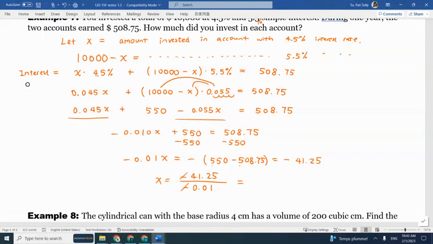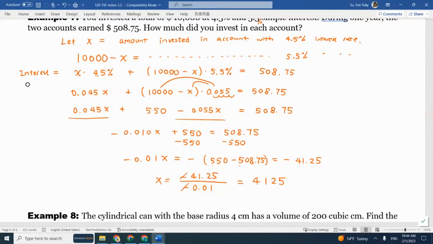Do you know when we divide by 0.01, it's the same as multiplying by 100? So we multiply by 100. It's like you move the decimal 2 digits. So we get 4,125. Okay, that's your x.